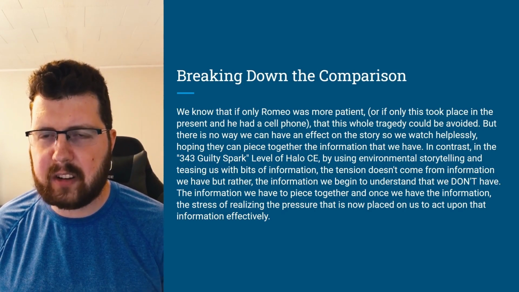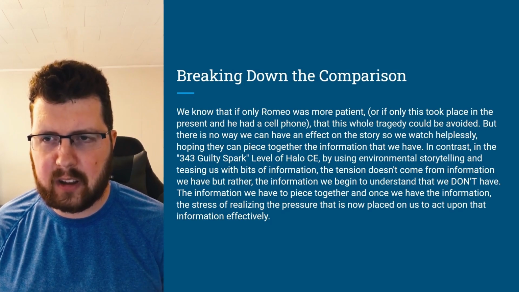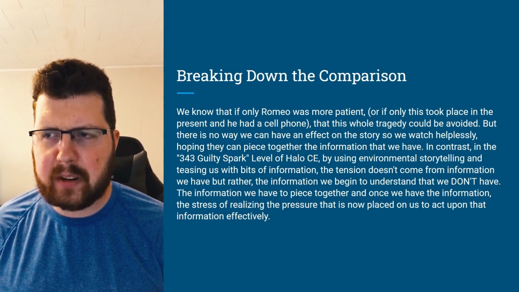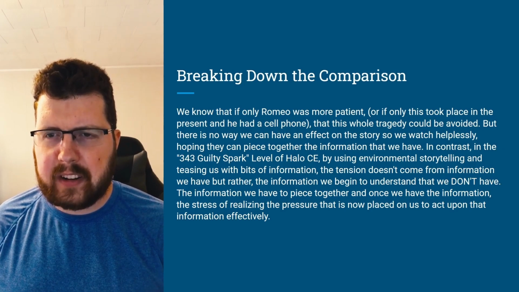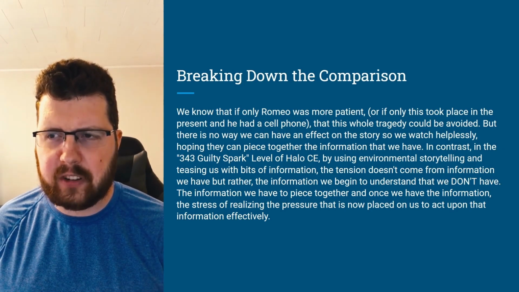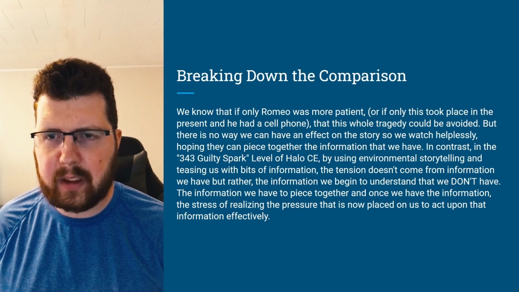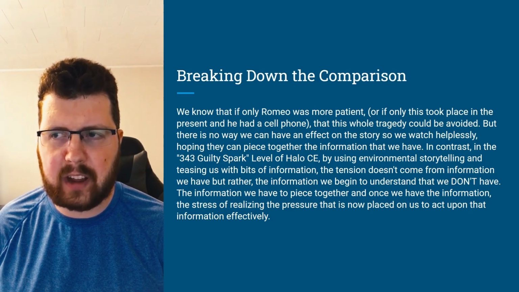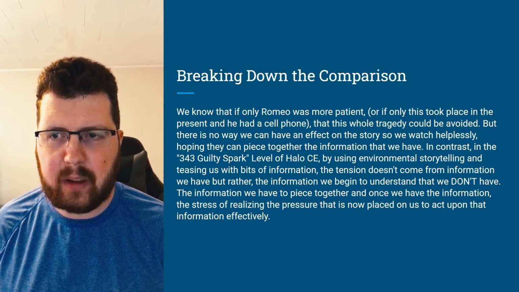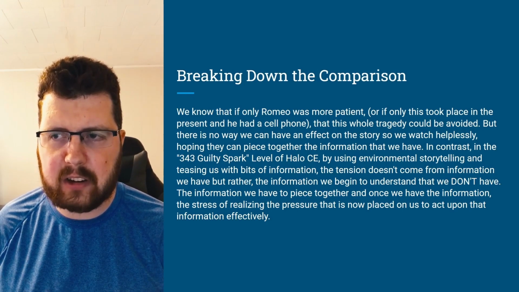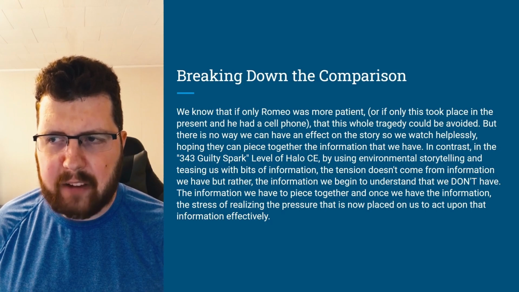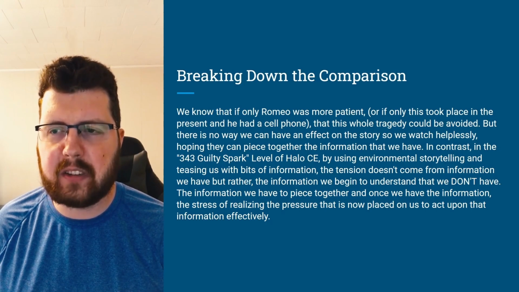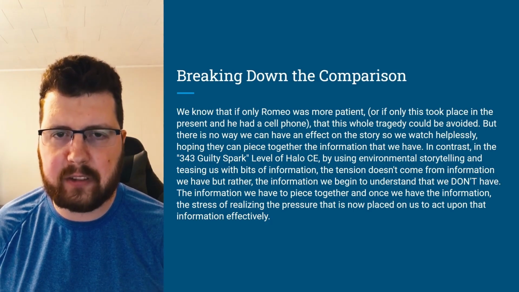In contrast, in 343 Guilty Spark, by using environmental storytelling and teasing us with bits of information, the tension doesn't come from the information we have, but rather the information we begin to understand that we don't have. The information that we have to piece together, and once we have the information, the stress of realizing the pressure that is now placed on us to act upon that information effectively.